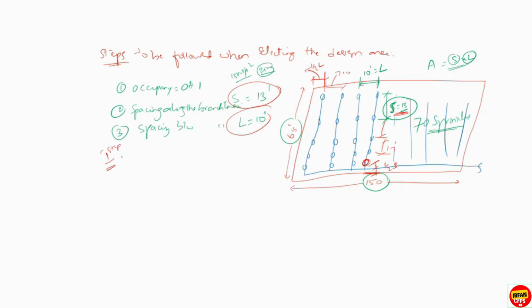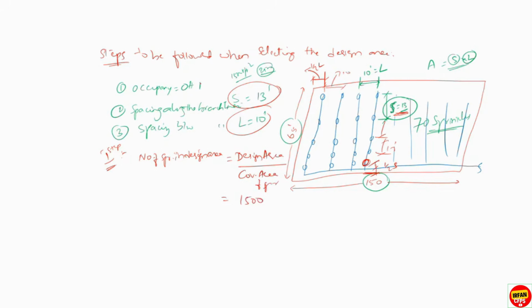So the first step, to select the design area, we need to know the number of sprinklers in the design area, and the sprinklers are uniformly spaced, right? So you already know, based on our earlier slides, design area divided by coverage area of sprinkler, we will calculate the number of sprinklers in the design area.